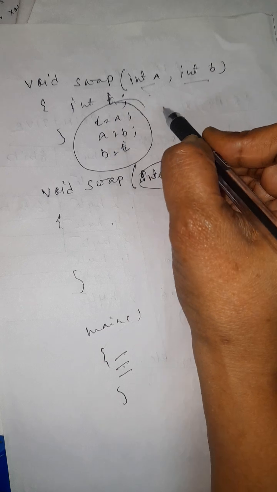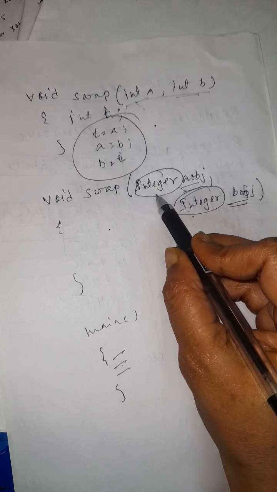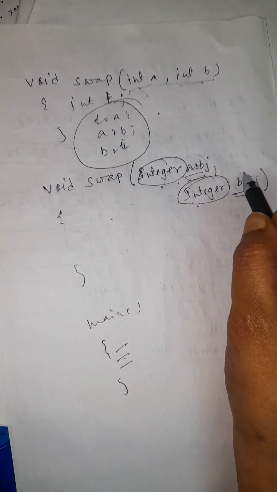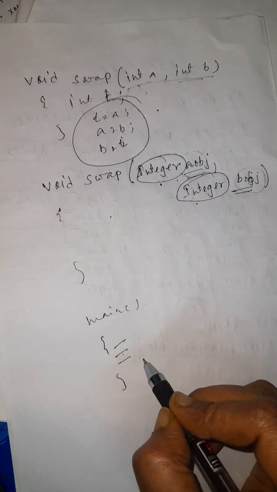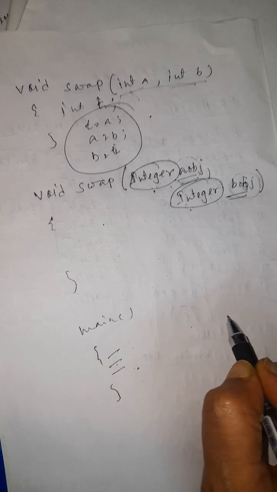Why? Because we call the function using call by value. But if I call the function using the wrapper class, where we are passing the object, that is the reference, so the original value within the main function should be changed. Will it be changed or not? This is the question.